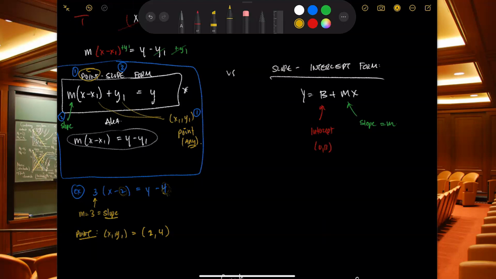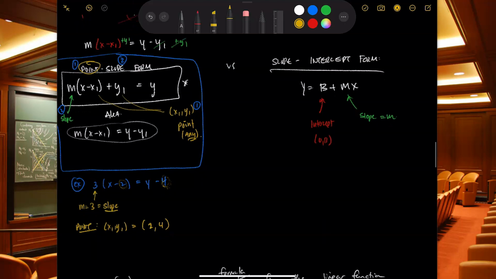So the one thing to just remember here is, since it's a difference, if you go in and you're looking at this and you see a point that's plus, then really you're still talking about a difference, right? So another example, if I had 5 times x plus 2 minus 3 equals y.